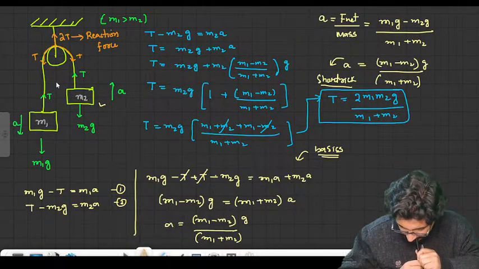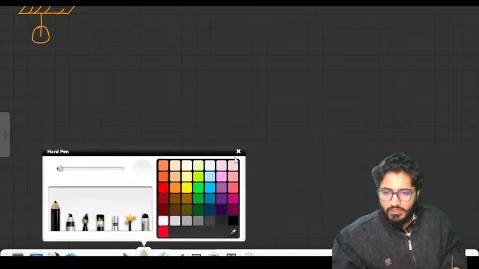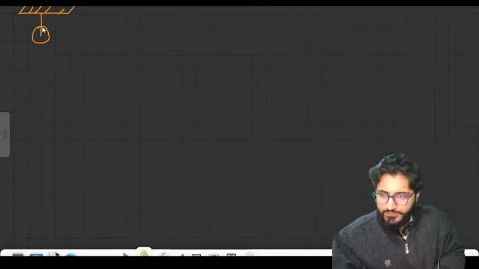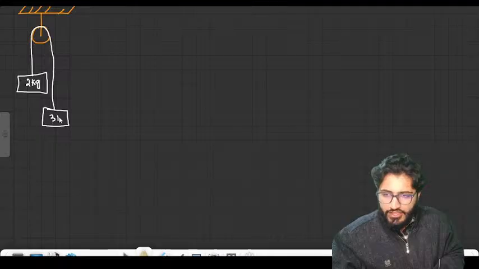Easy enough? Okay, let us do one more numerical. The numerical will be like this: there is a pulley and there are two boxes, 2 kg and 3 kg.